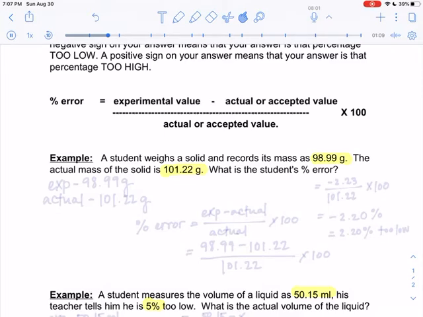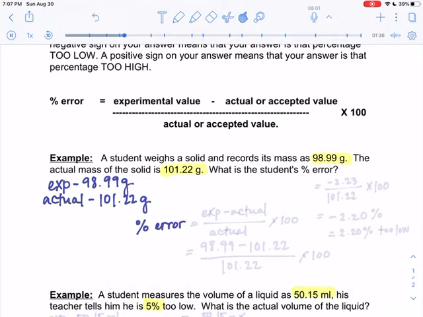The 98.99 grams is our experimental value. So we have 98.99 grams as experimental, and our actual value is going to be 101.22 grams. Now we're going to plug both of these into our percent error formula.